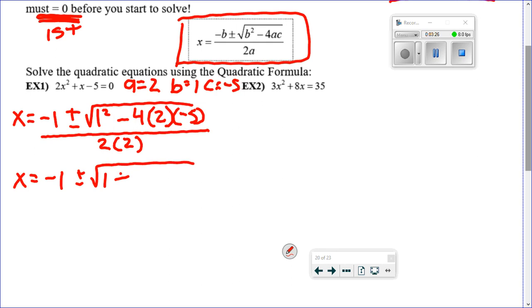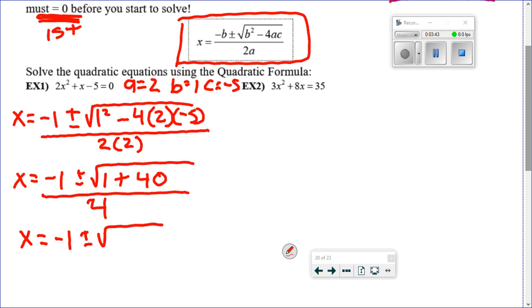Subtracting a negative would mean this becomes plus 40, all over 2 times 2, which is 4. So x will equal -1 plus or minus the square root of 1 plus 40, which gives us 41, all over 4.